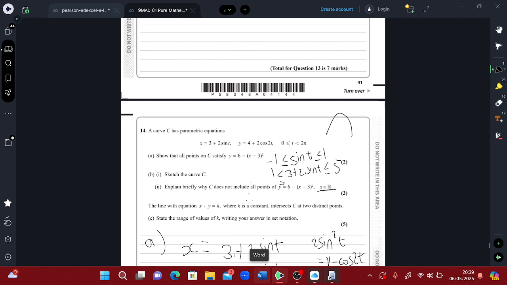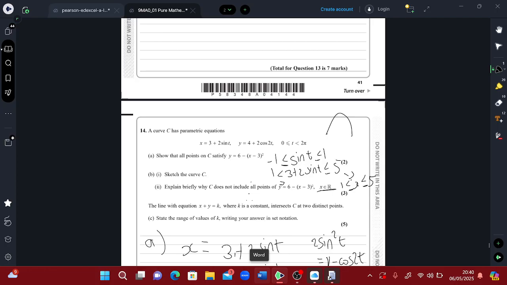That would be the bounds, and this is the same as x. So this is actually saying 1 is less than x less than 5.